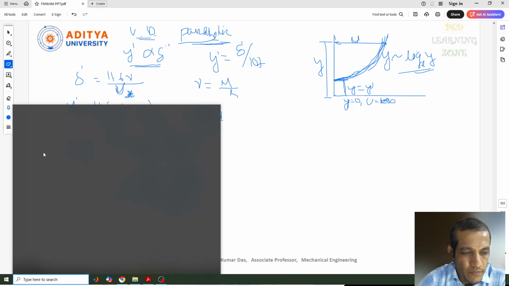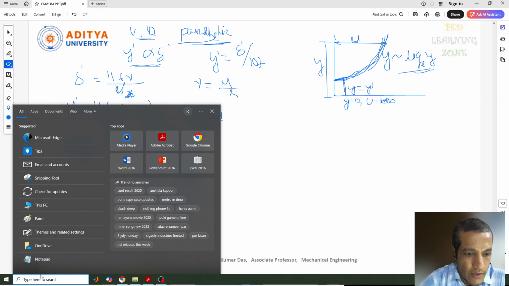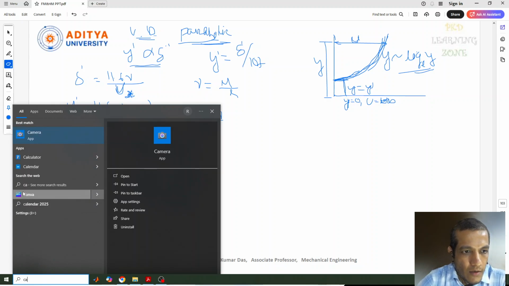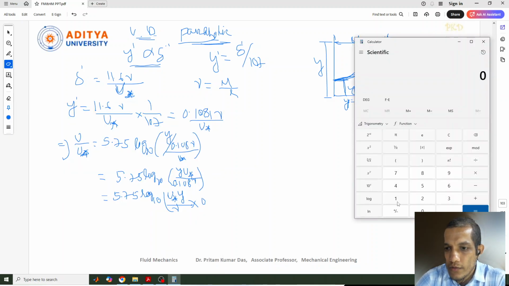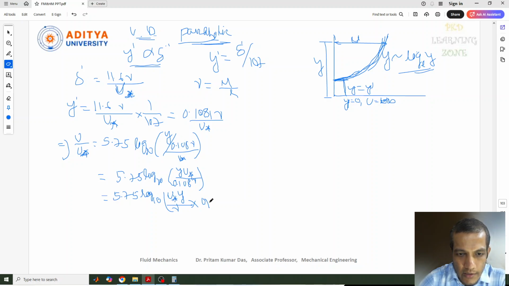We'll calculate this, that is better. So 1 divided by 0.108 is 9.25. This is the value we got here.